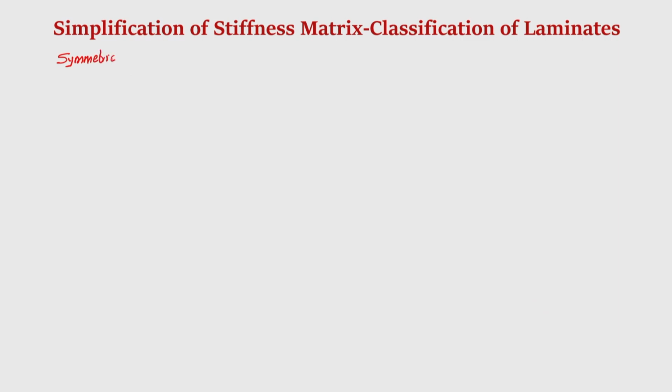Symmetric cross-ply laminate. A symmetric cross-ply laminate is one in which each layer is actually a specially orthotropic layer.